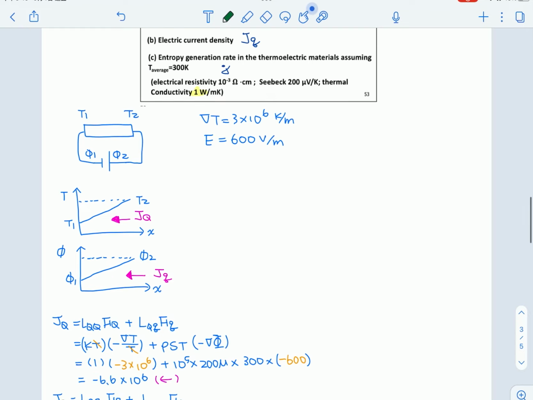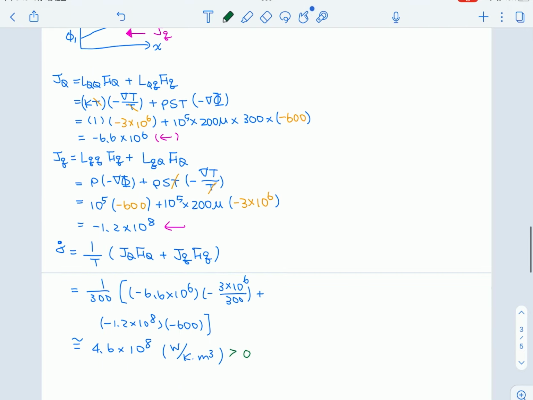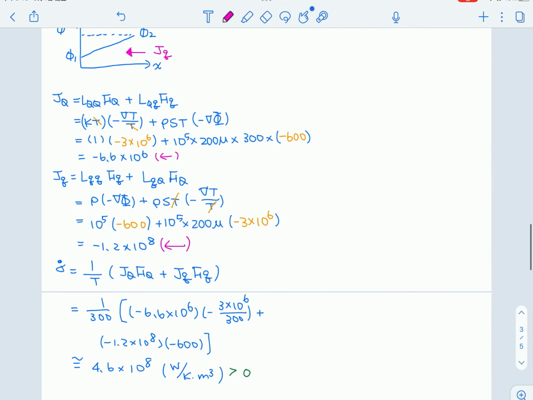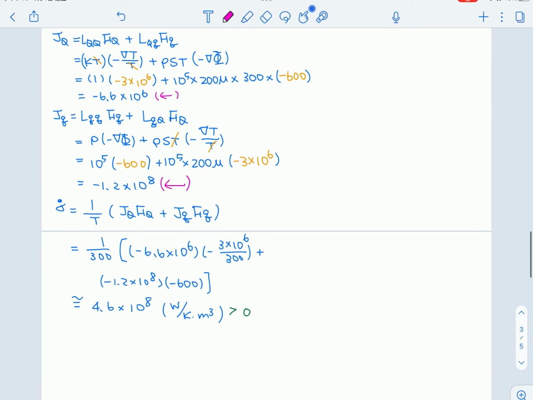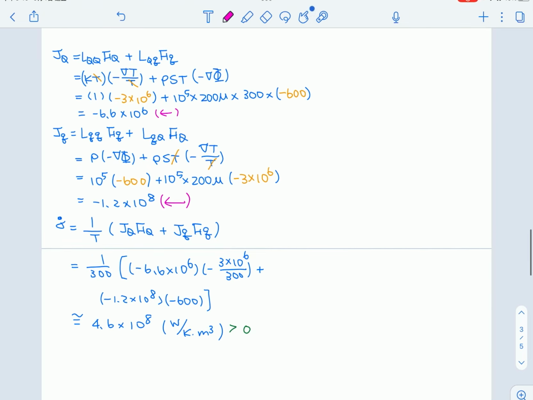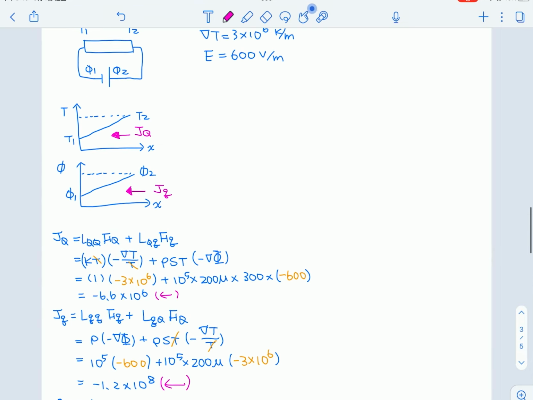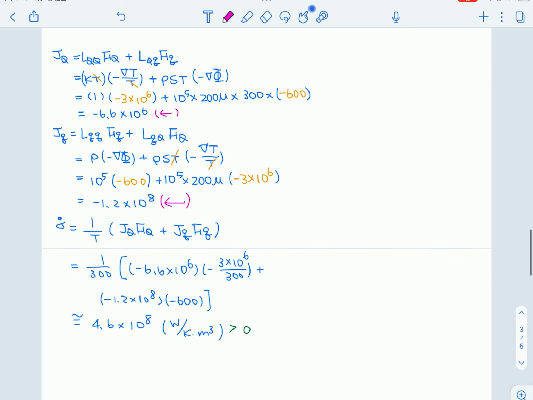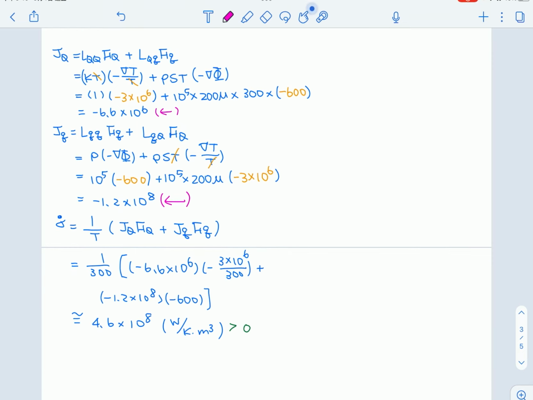After calculating, we can first confirm the direction of the heat flux and the current density is to the left-handed side, and actually the entropy production is larger than 0.